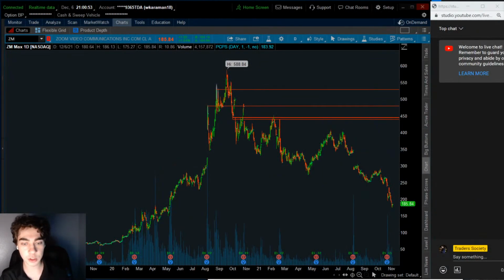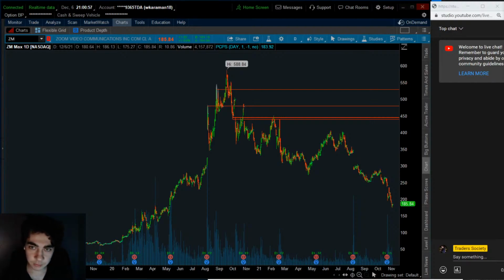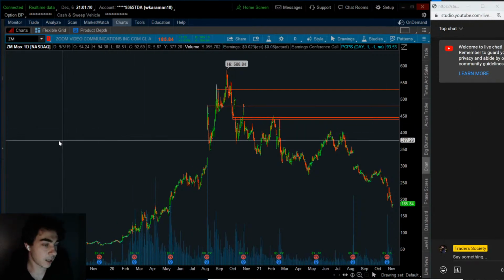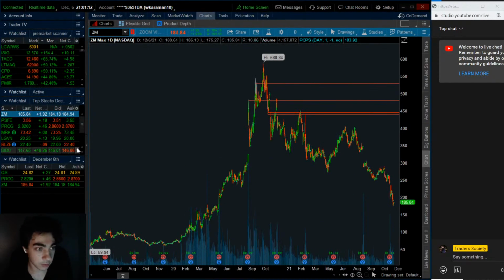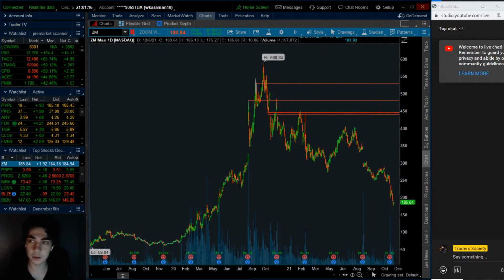As you can see, these are my charts by Thinkorswim by TD Ameritrade. Let's just wait a couple minutes for people to start tuning in. Then we'll start going in depth on some of the stocks I'm currently looking at. I'm going to be using mainly the Thinkorswim scanners right here to find these stocks.